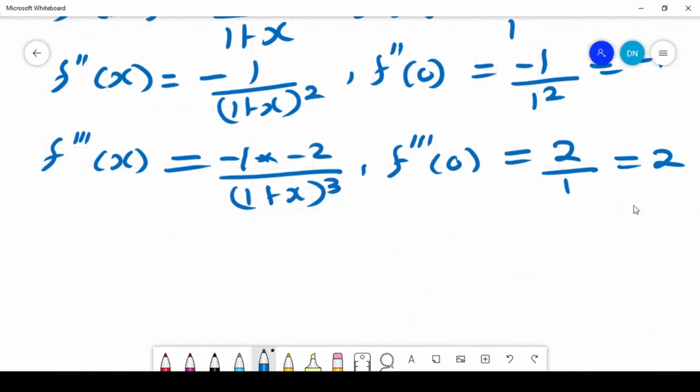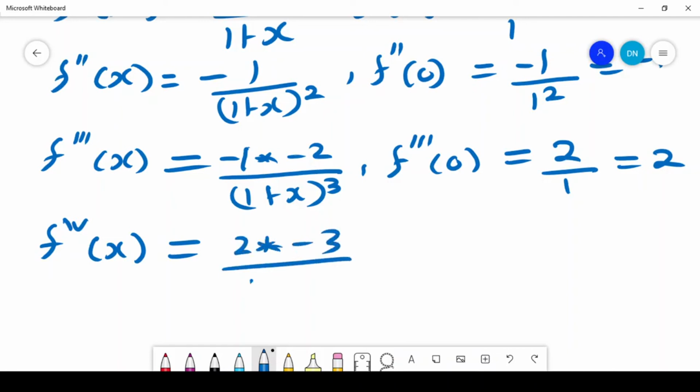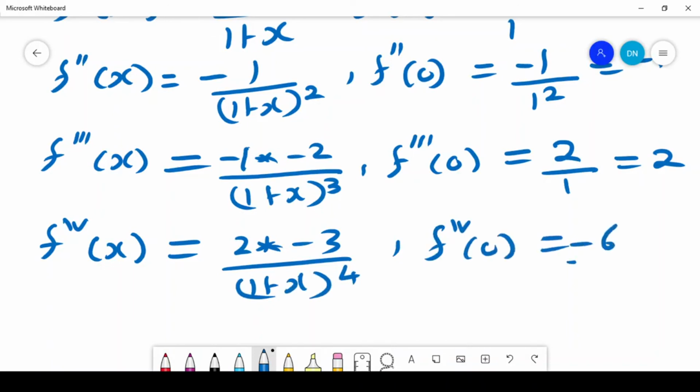And that takes us to the fourth derivative with respect to x, which is 2 times negative 3 over 1 plus x raised to power 4. So the fourth derivative will be negative 6 over 1, which is equal to negative 6.